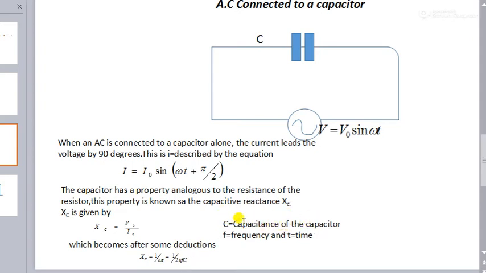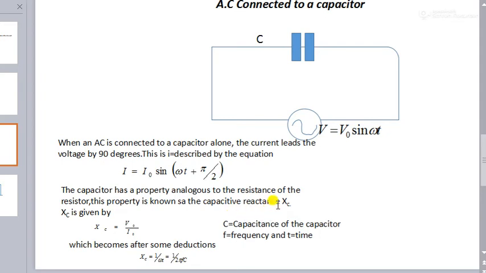Please take note, the capacitance of a capacitor is different from capacitive reactance. Capacitive reactance is derived from the capacitance by applying this formula. The capacitance of a capacitor is represented by the capital letter C, and the capacitive reactance is represented by the capital letter X with a subscript C to indicate that it is a capacitive reactance.